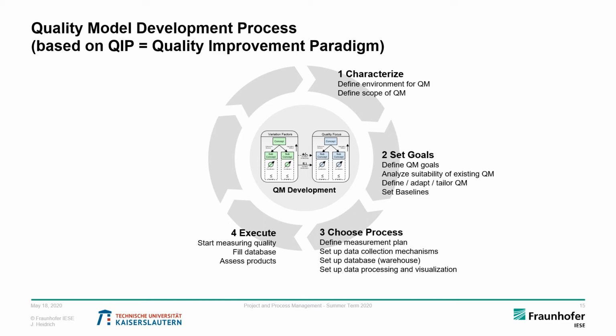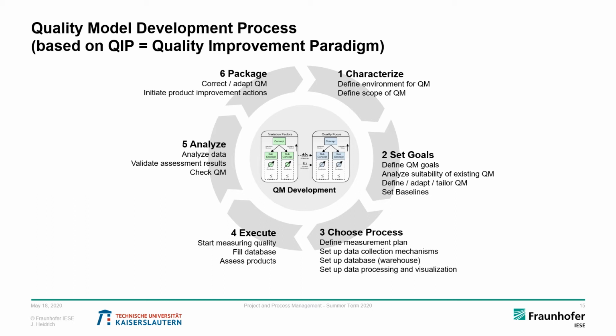And based on that plan, we start measuring the quality, we start collecting the data and using the data for assessing the quality of our products. Then we can analyze the data, validate whether our evaluation and assessment results are correct, and check our quality model whether it needs some improvement.